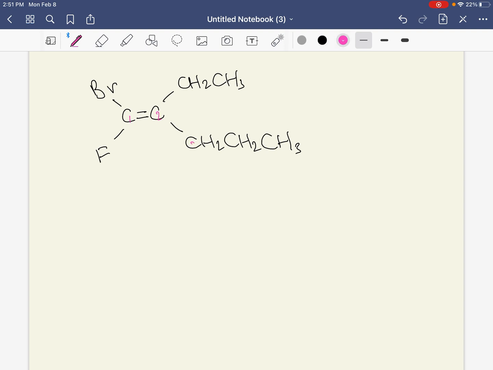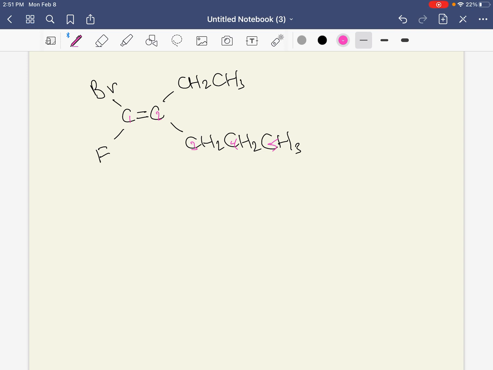So this is 1, 2, 3, 4, 5. You won't go this way because this will only go up to 4. Going this way, go up to 5. So this one wins. Yay. So hey, let's put in those side groups.